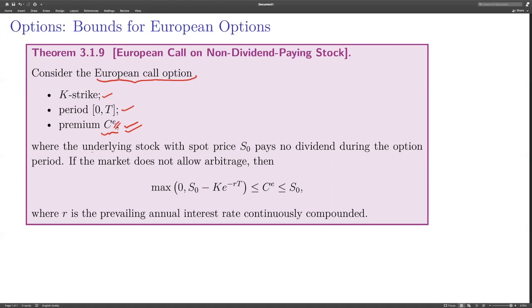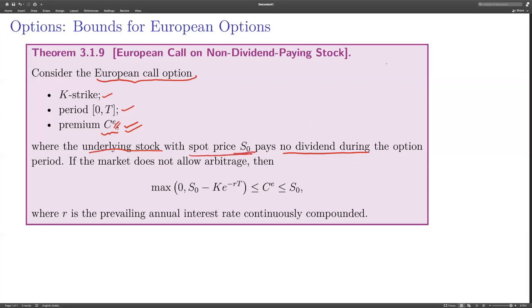And as I told you, the underlying asset, which is a stock, is not giving any dividend during this period 0 to capital T, and at t equal to 0, the spot price of the stock is S0.